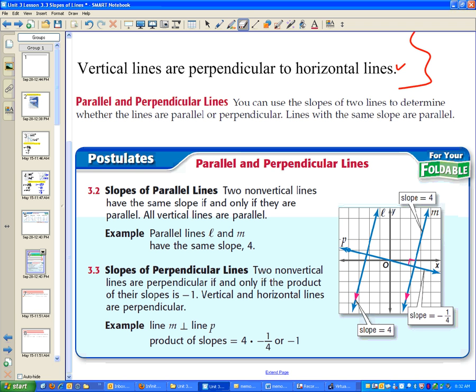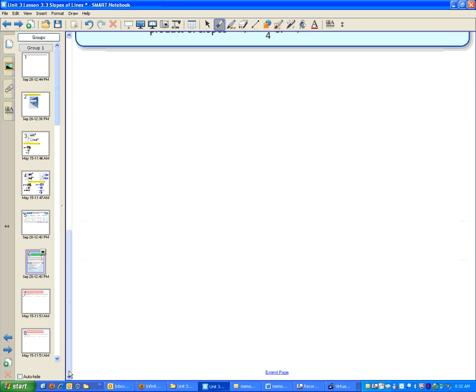Slopes of perpendicular lines: two non-vertical lines are perpendicular if and only if the product of their slopes is -1. Hey, I didn't say that. I said opposite reciprocals. But look, what is the product of a pair of opposite reciprocals? So they just say it a different way than I said it.